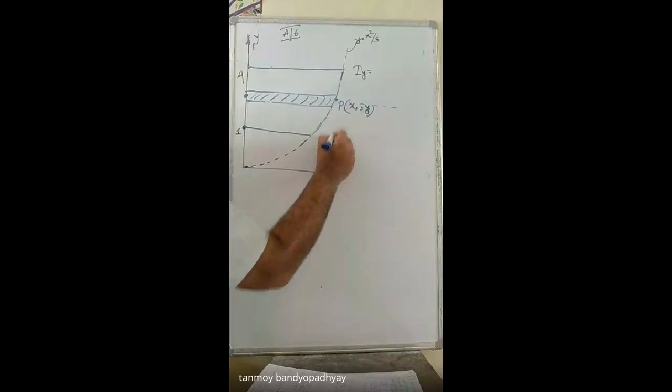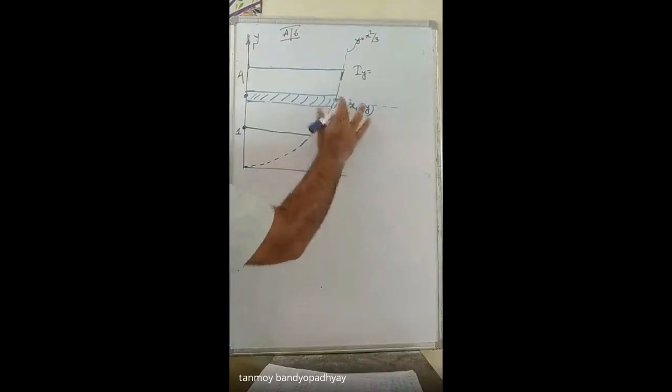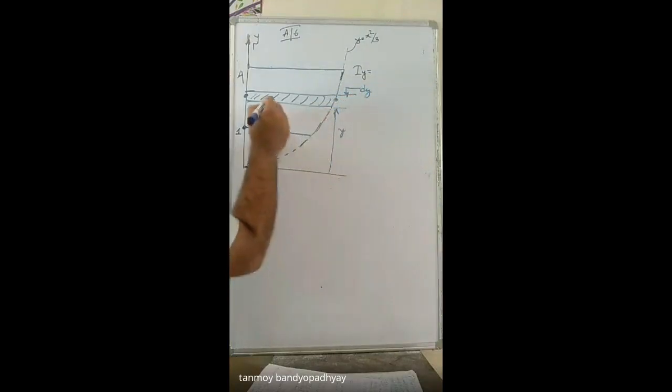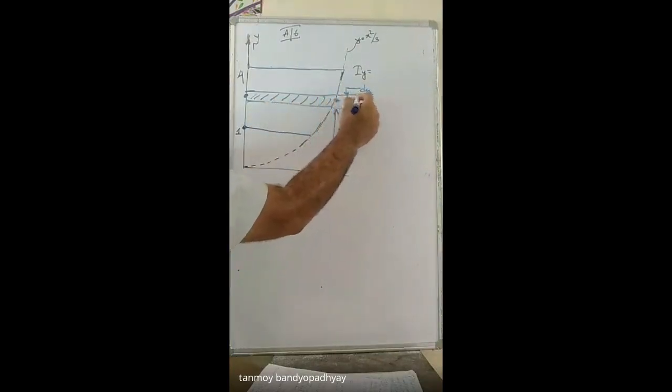So this distance is y. At a distance of y from the x-axis, and the thickness of the element is dy. Okay?